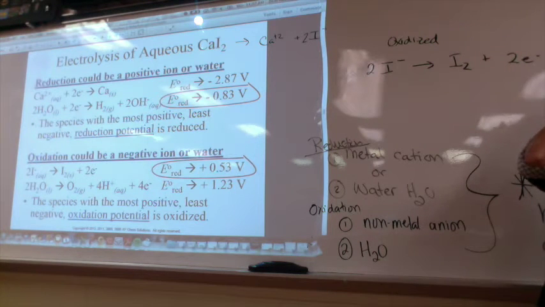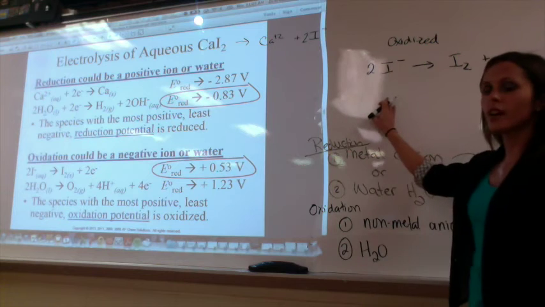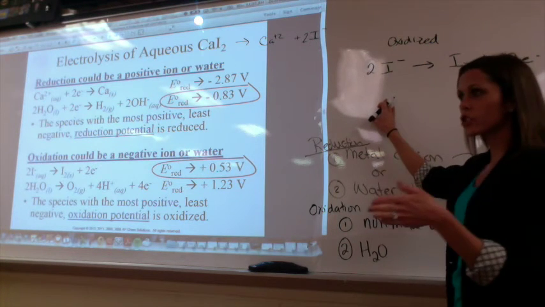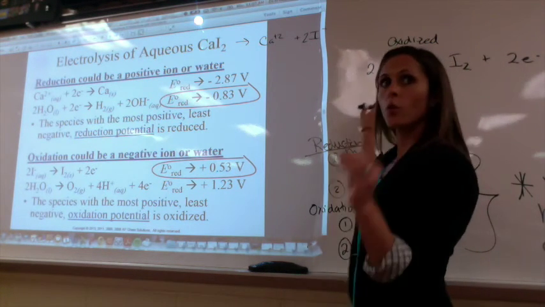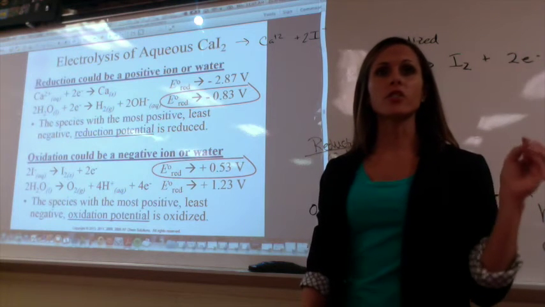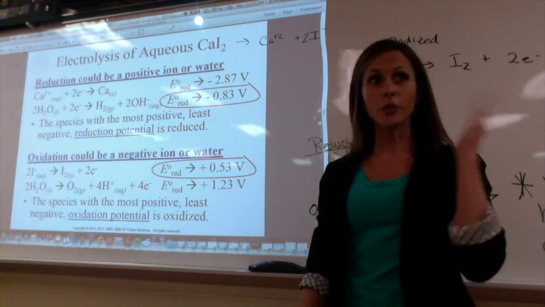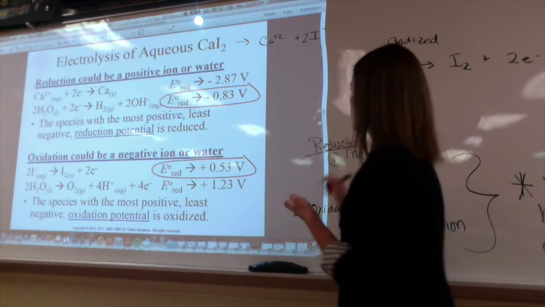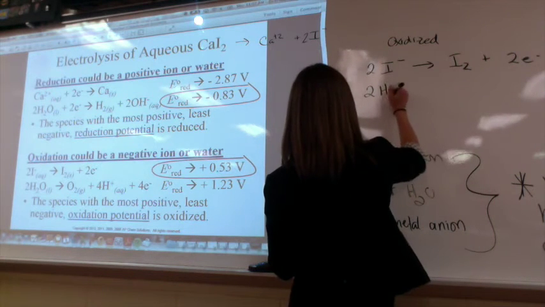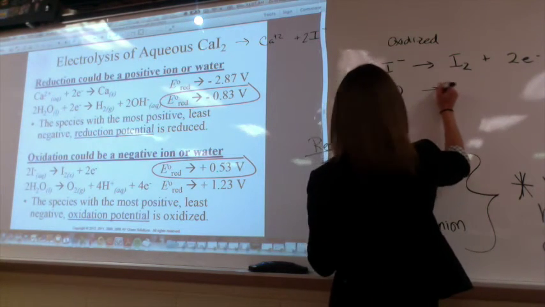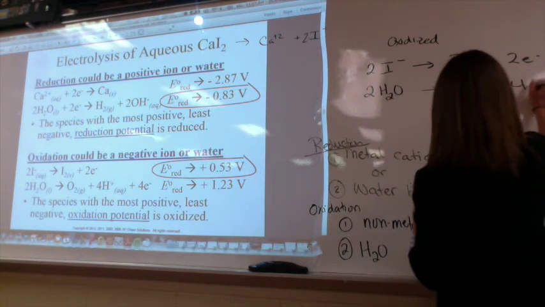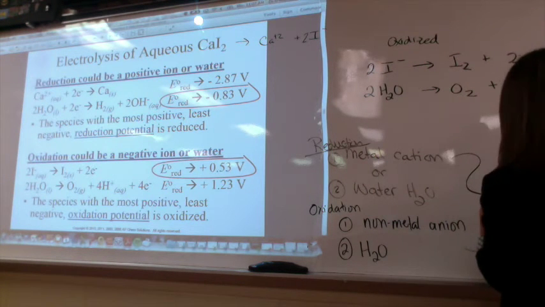That's the oxidation. And then I'm going to go choose the oxidation of water. So I go look up on the chart, and I make sure that water is a reactant and that electrons are on which side? On the right side. They have to be if they're in oxidation. So I'm going to write 2H2O yields O2 plus 4H+ plus 4 electrons.